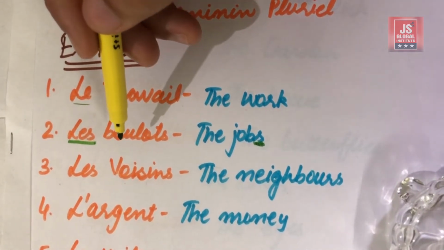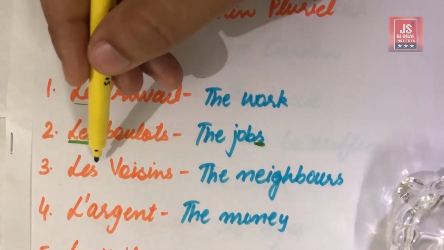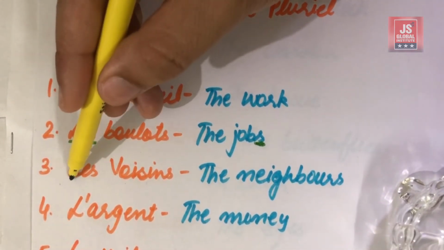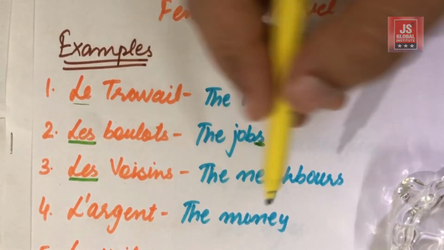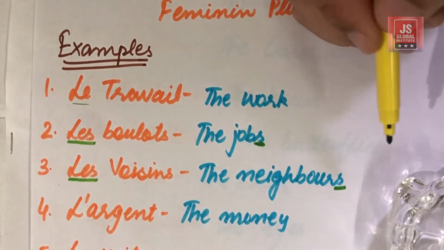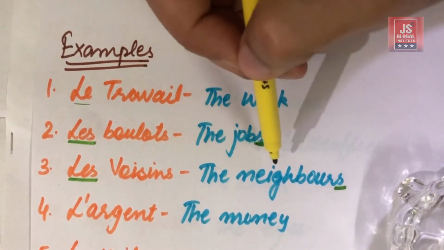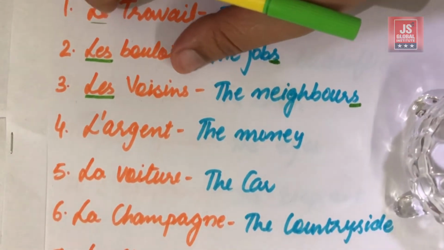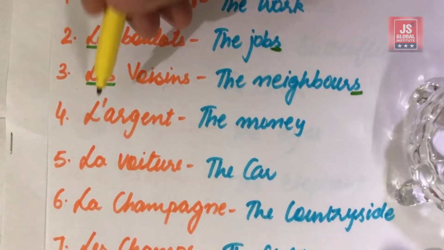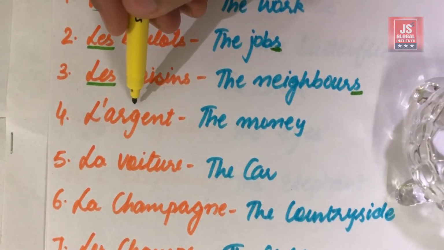Next is les voisins. Les voisins, so here les is used. That means something in plural, which is what this S indicates, and voisin means neighbors. Moving on. Number 4 is l'argent. Please focus on the pronunciation too.